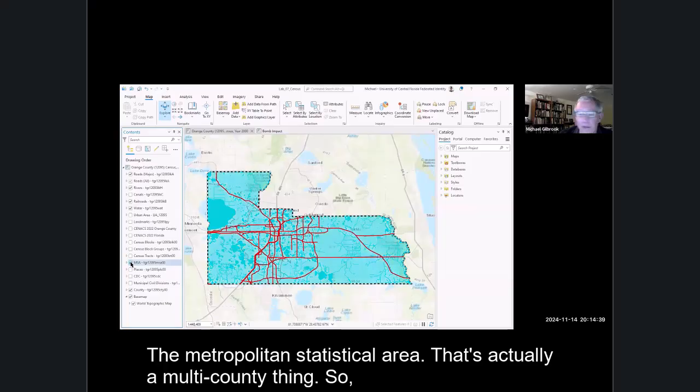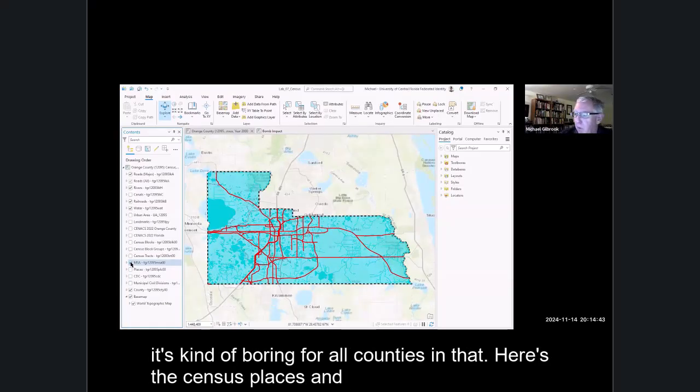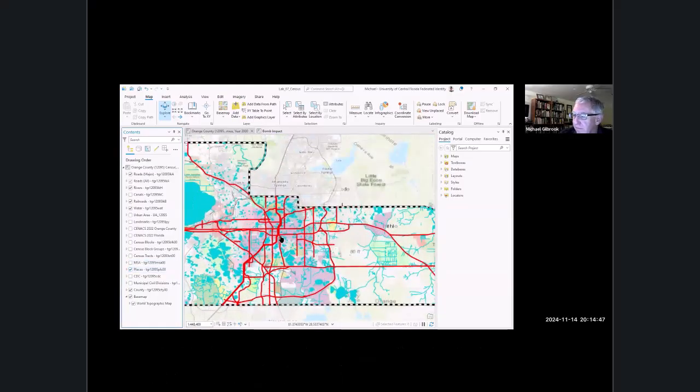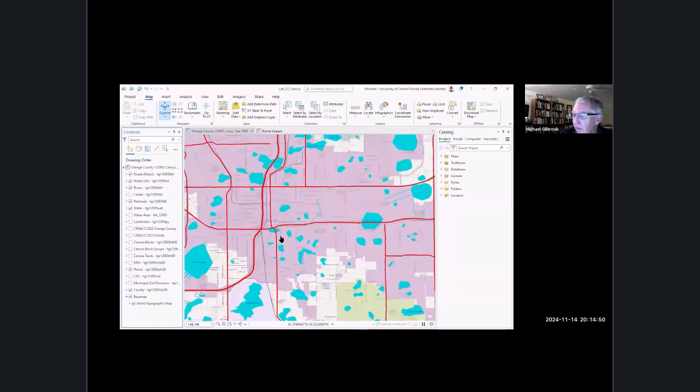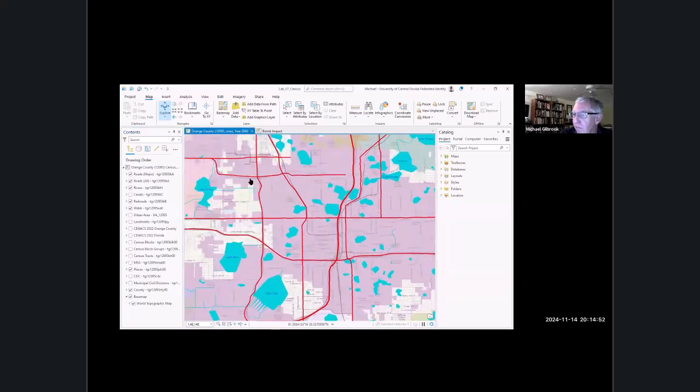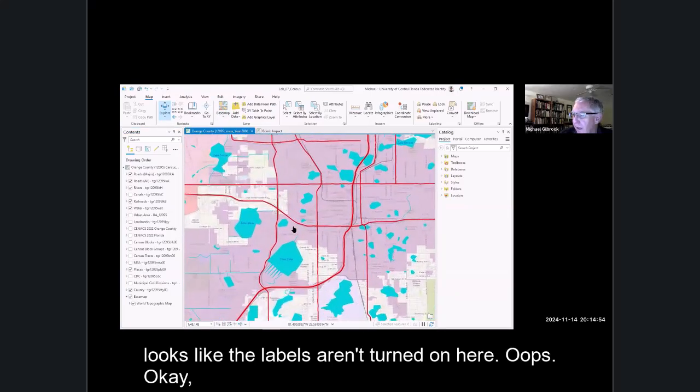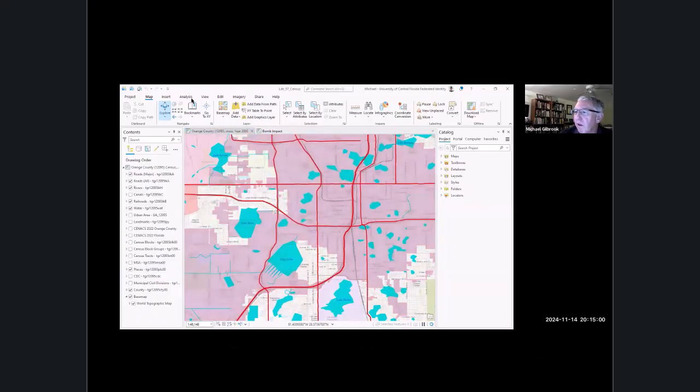The metropolitan statistical area, that's actually a multi-county thing, so it's kind of boring for all counties in that. Here's the census places. And looks like the labels aren't turned on here. Oops.